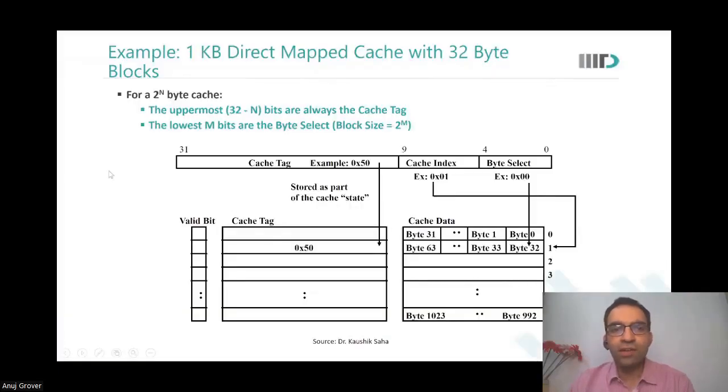So we saw that if there is a direct mapped cache, then the address would be mapped something like this. The lowest few address bits will be used to identify which byte is being addressed from the cache memory, and the higher order address bits are put as tags.